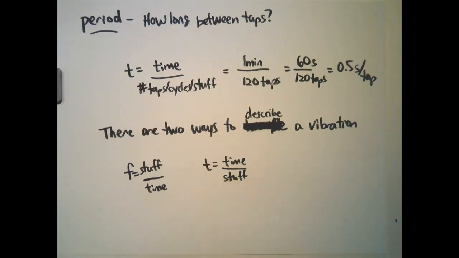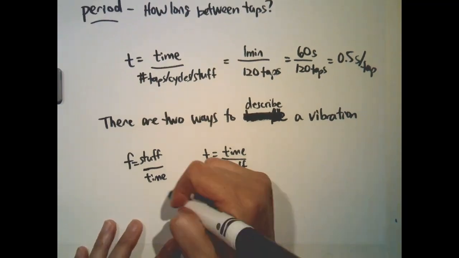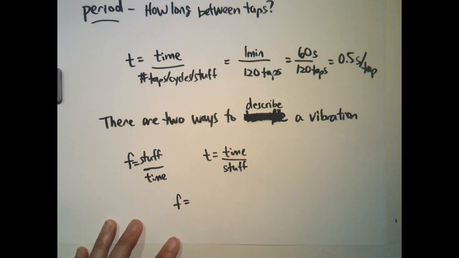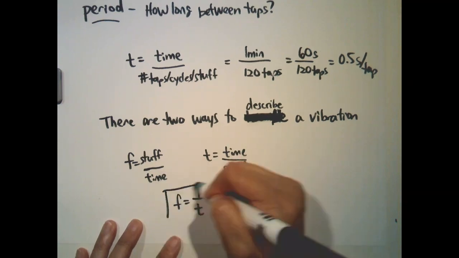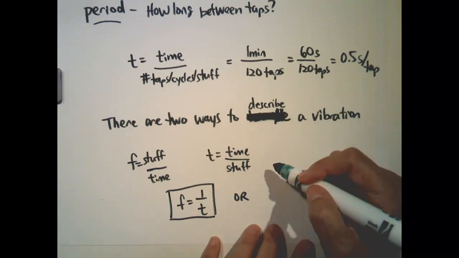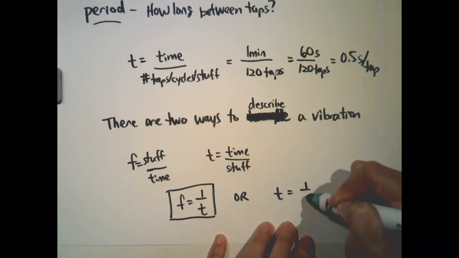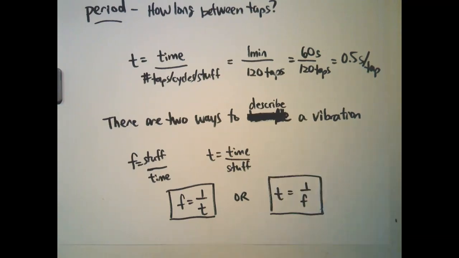You'll notice these are reciprocals of each other, or inverses. So you can actually write the formula like this. If you happen to know the time, then you can inverse the time to get the frequency. Also, if you happen to know the frequency, then you can inverse that, and then you will get the time.